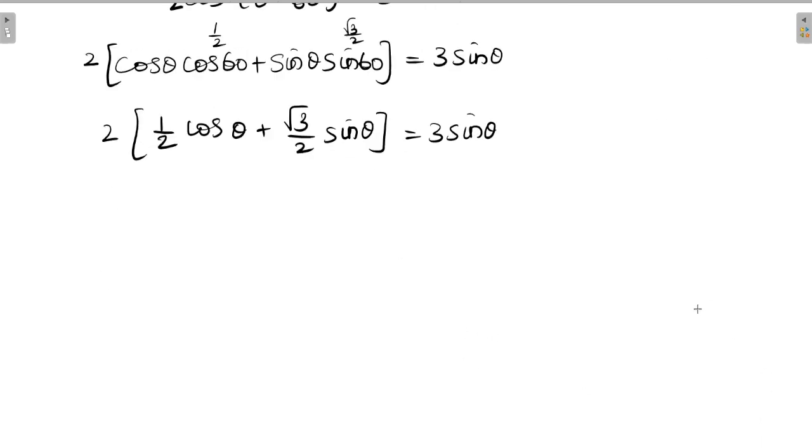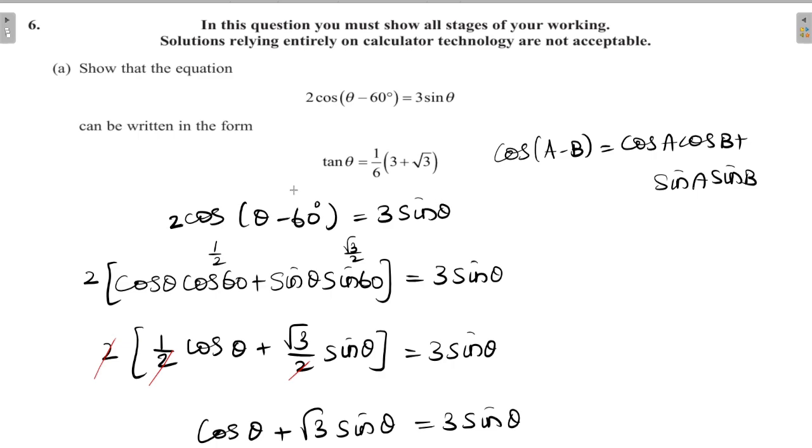Now the 2 is a common factor, so we can cancel it with the denominator 2. Now we have cos theta plus root 3 sin theta is equal to 3 sin theta. We have to show the answer in the form of tan theta.